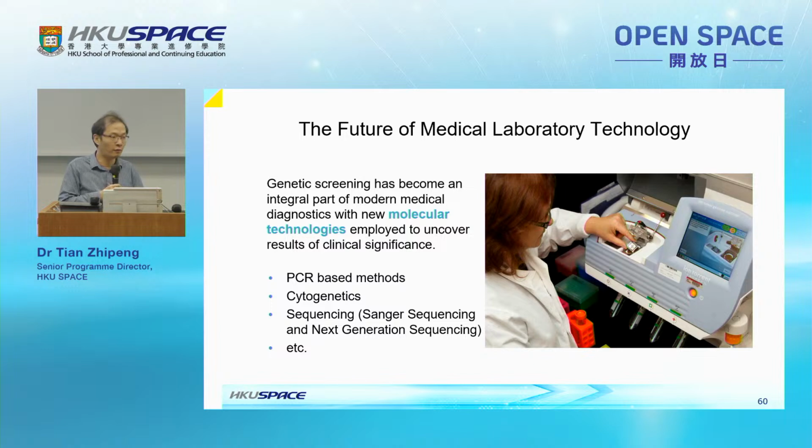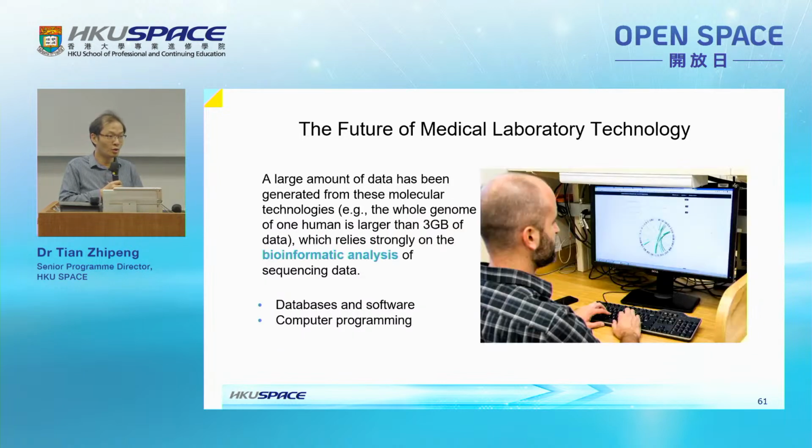So it's very powerful. The common methods you may have heard of are PCR, real-time PCR, sequencing, and next generation sequencing. It also gives a huge amount of data from this molecular test. Then it makes it very difficult for an individual to do the data analysis.